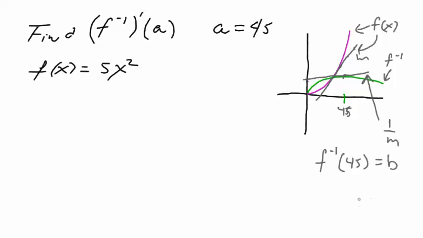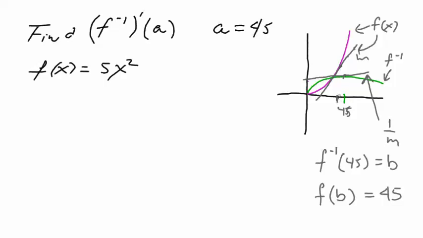We were labeling that as b. And we know that if we plug b into the function f, we get 45 out. So this is not 45, okay?